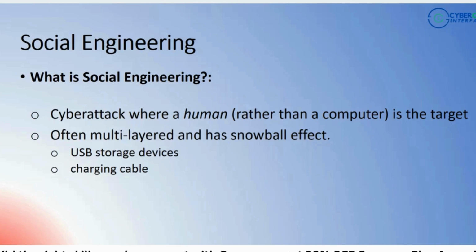So starting with social engineering, social engineering is basically a human attack where human beings are the target. This is when they are trying to get information from you or get something out of you as a human being. Other attacks may be trying to hack your device, maybe your phone, your laptop, or your network. But in this case, they are trying to hack the human being. When someone picks up a phone and tries to find information from you, manipulating it in such a way, using psychology to get information from you.